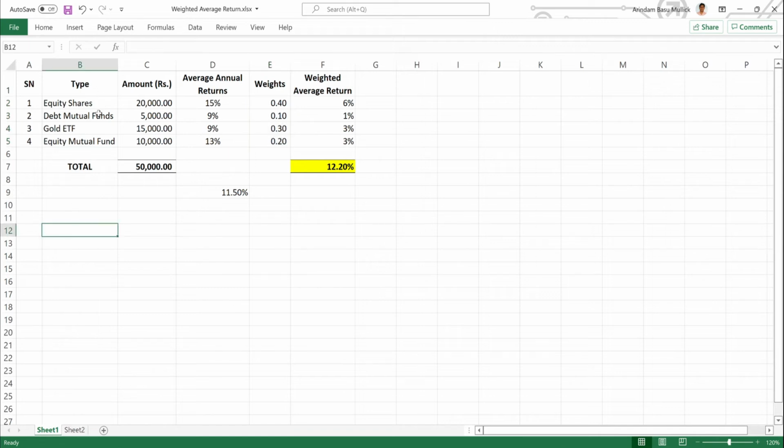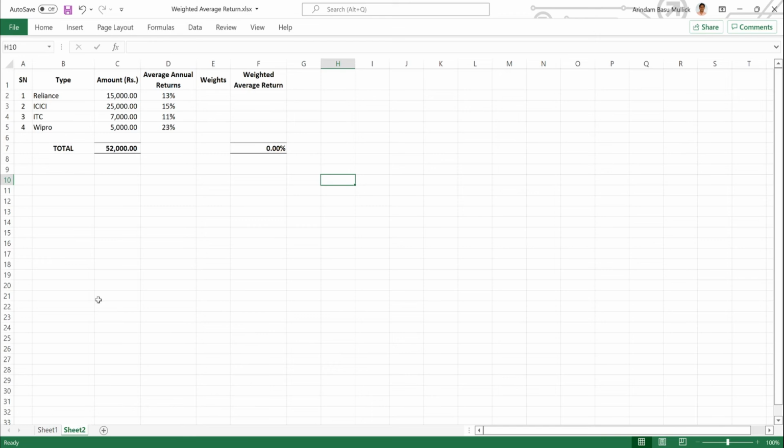Now, one more thing which I would like to highlight is when you're taking the individual returns, for example, here I've taken 15%. Now you can use the same method to calculate the individual return as well. So for example, within equity shares, if you have investment in these 4 companies and you have these investment amounts, and this is the average annual return which these shares are giving you, you can use the same method to calculate the weights of these individual stocks.